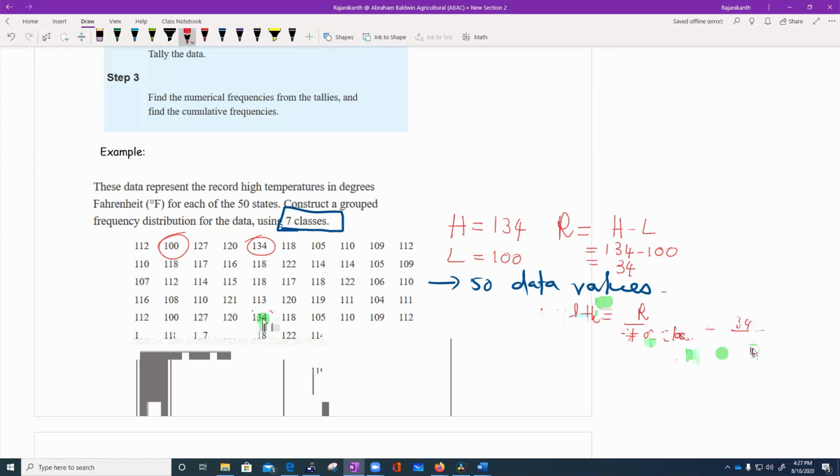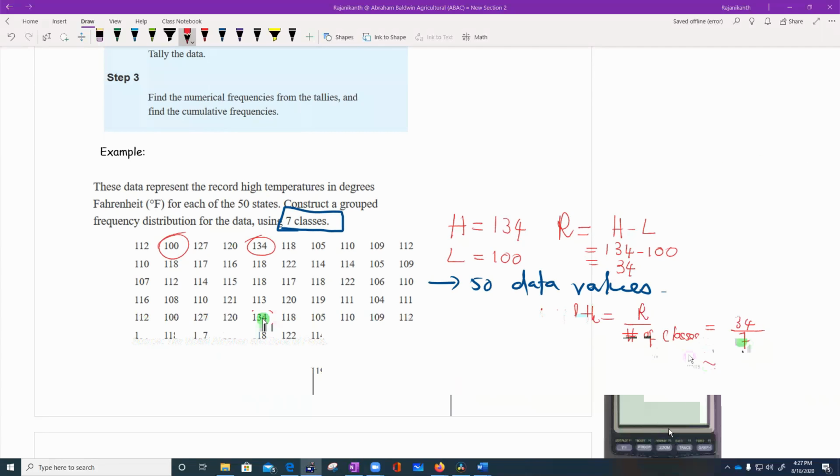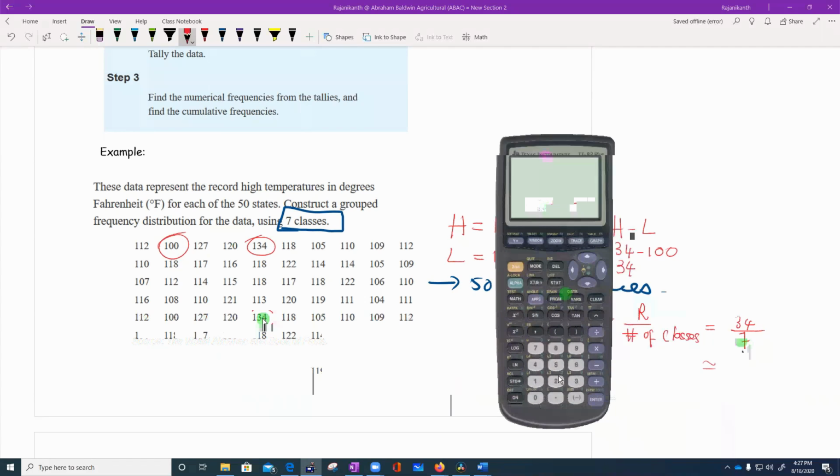You now know the range, which is 34, over the number of classes. How many classes do we need? They told us to take 7 classes, right? Therefore, the number of classes is 7. Simply put 7 here. Now take your calculator and divide. 34 divided by 7. You will not get an integer, you will get a decimal.